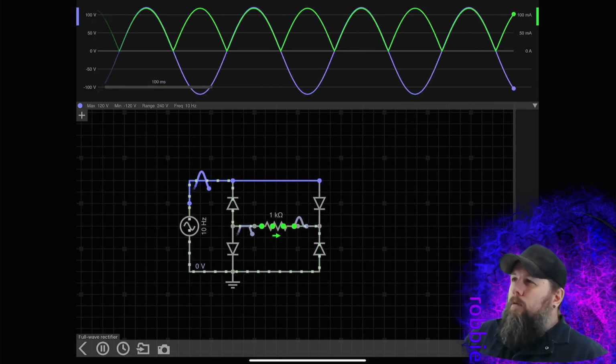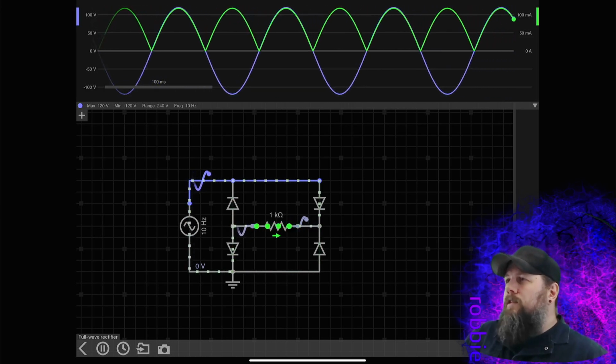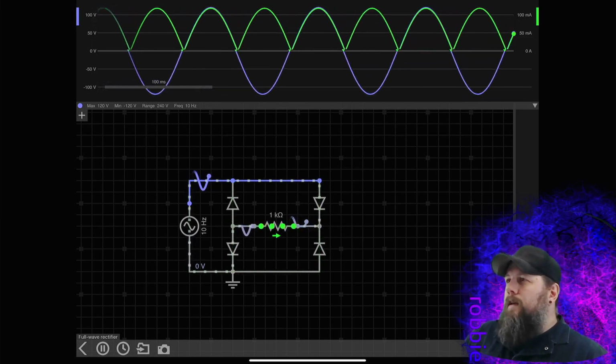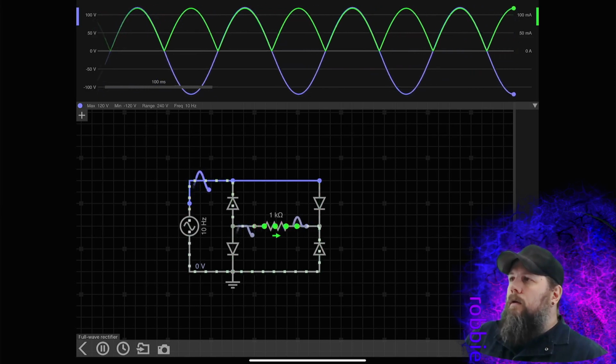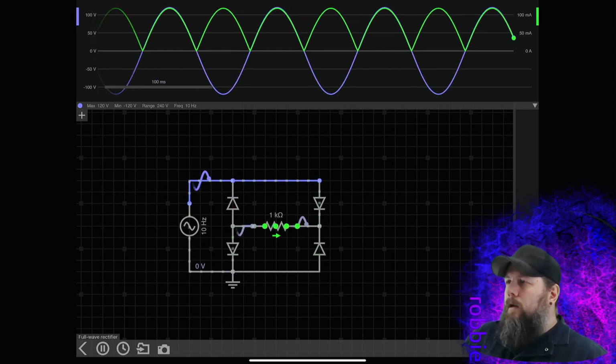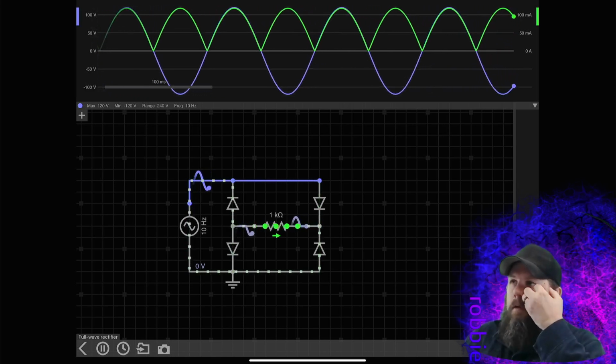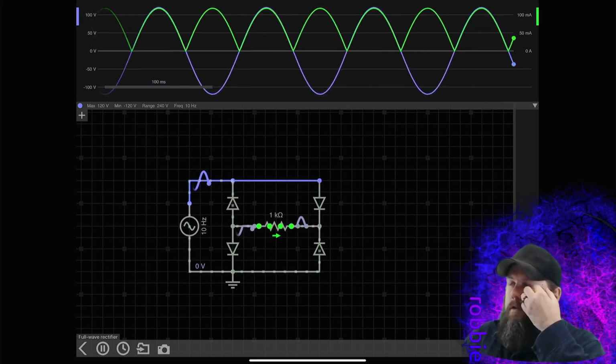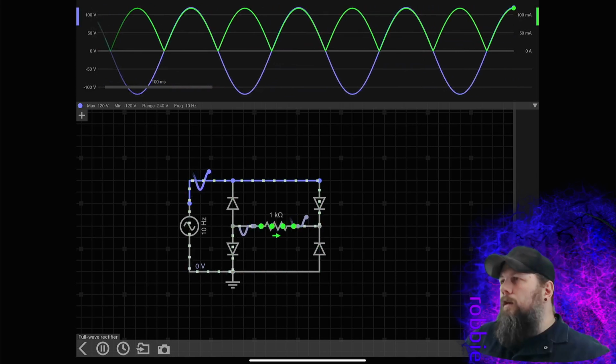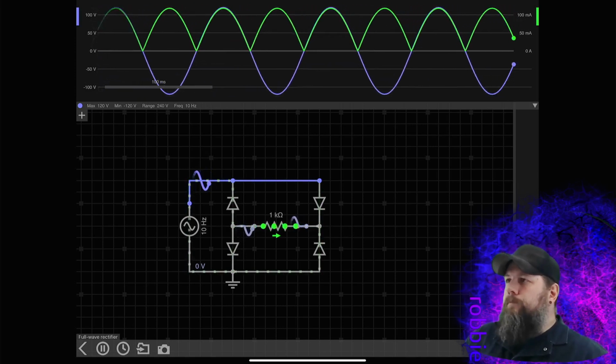And basically what we're doing is we're taking that sine wave, and for every negative going half wave of that, we're flipping it up. So look at the blue. The blue is going above. You just can't see it because the green is covering it, but it's there.